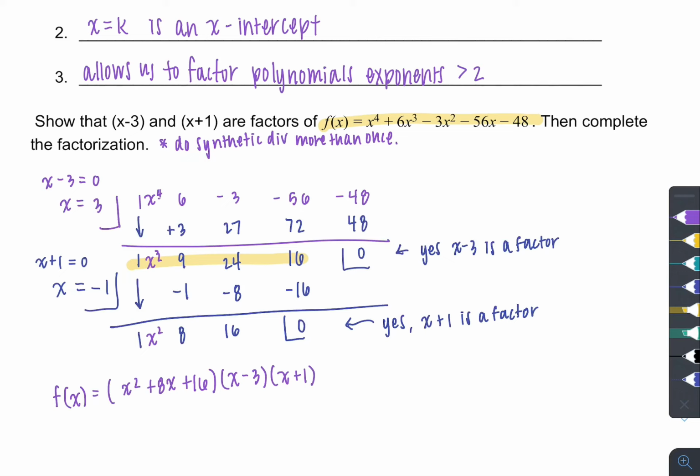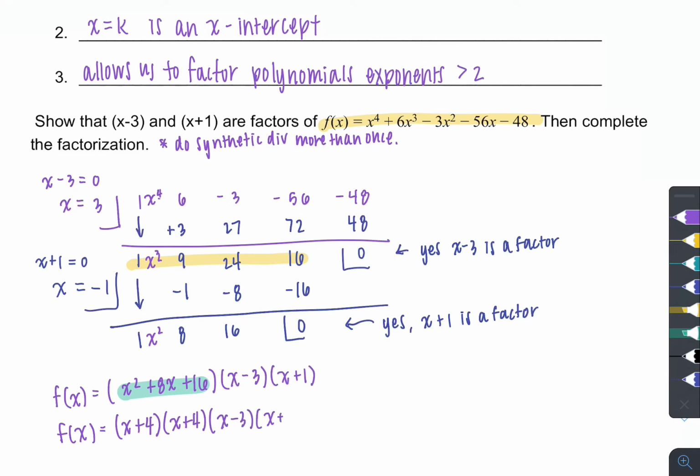And then we want to factor it a little bit further by factoring this piece right here. The way we factor that is two numbers that add to be 8 and multiply to be 16 are x plus 4 and x plus 4.